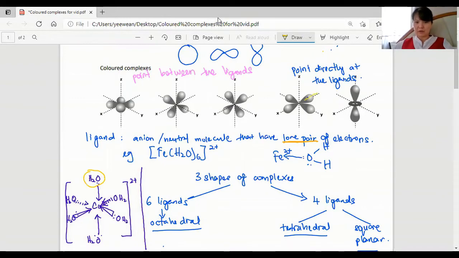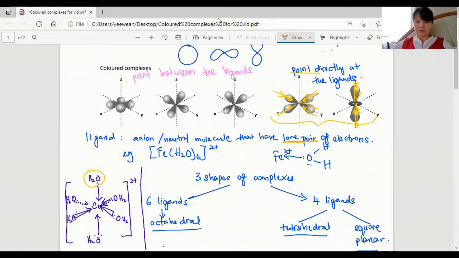So it'll approach from here, here, here, here, so 1, 2, 3, 4, that's 4 ligands, 5, 6. So the ligands' lone pairs are going to repel the electrons inside these orbitals. These 2 orbitals point directly at the ligands.